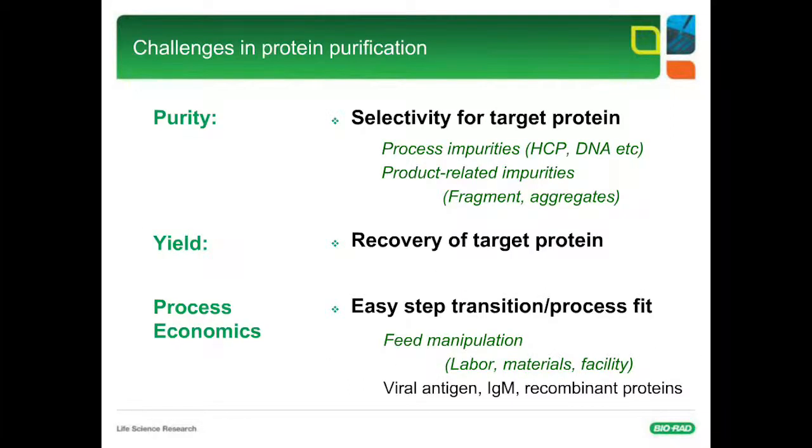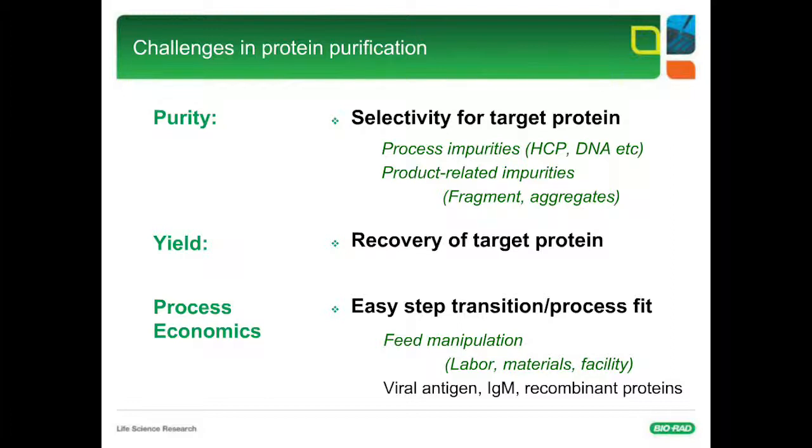Now, I want to talk a little bit about process economics. I've already given you examples, like the viral antigen case and the IgM purification. We only need to adjust the pH of the feed a little bit in order to have an effective binding, and then we do selective elution. You don't really have to manipulate the feed a lot.